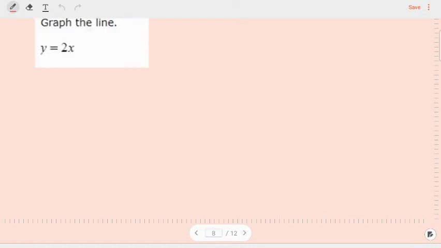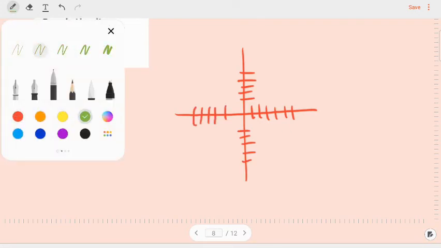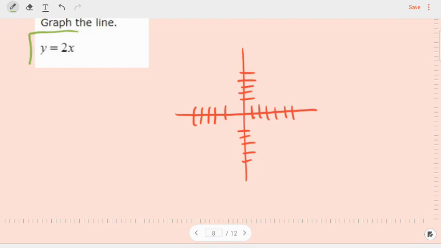So let's look at another similar graph. So here's my x and y axis. Now if I'm graphing this one, it's already in slope-intercept form. But remember, when there's no constant or there's no plus or minus anything, I still need a starting point. I still need a y-intercept.